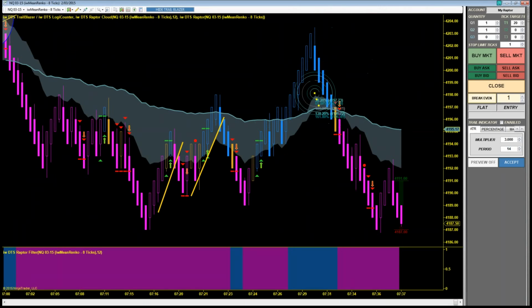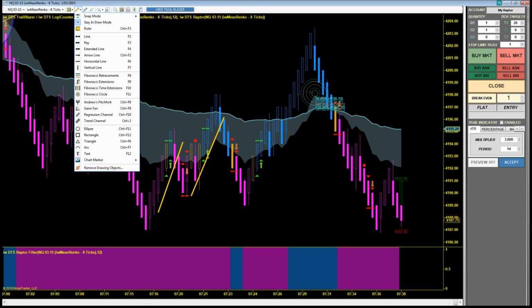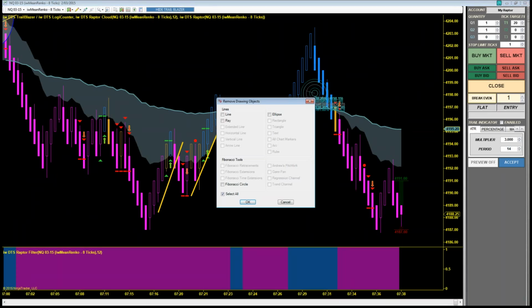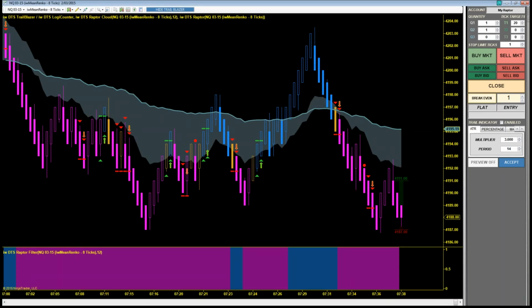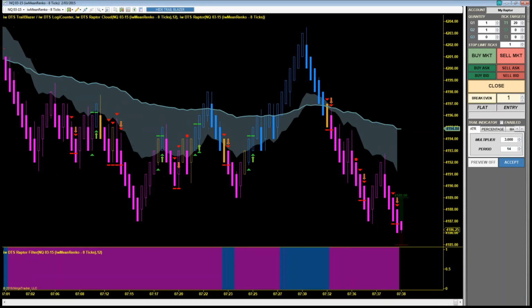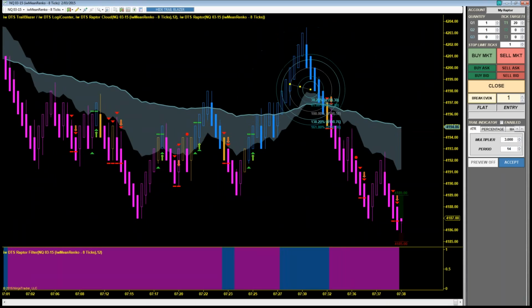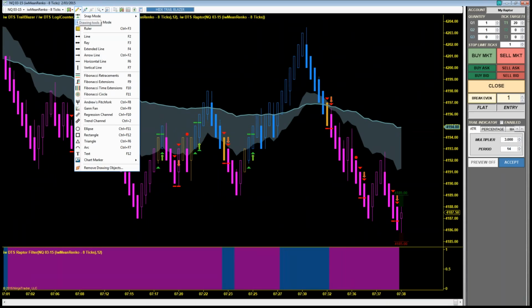Yeah, very interesting. James points out here something on the Raptor that looks like it has pretty good potential. Oops, wrong tool. One second here. This is a good observation.